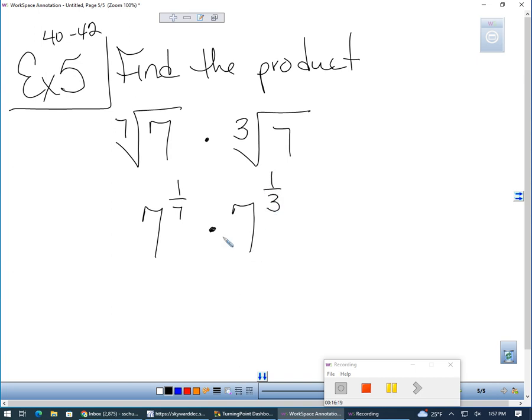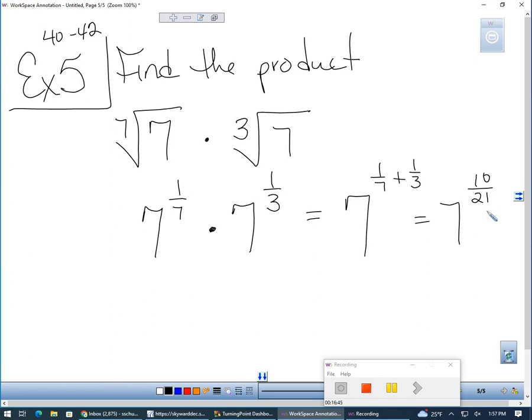Okay. Now think about our exponential rules. Are our bases the same? Yes. So I can keep my base and add my exponents together. So that's going to give me 7. You got to get a common denominator. You grab your calculator and go math enter afterward. We should get 10 over 21, I'm hoping.